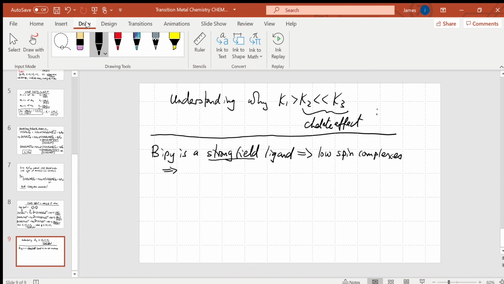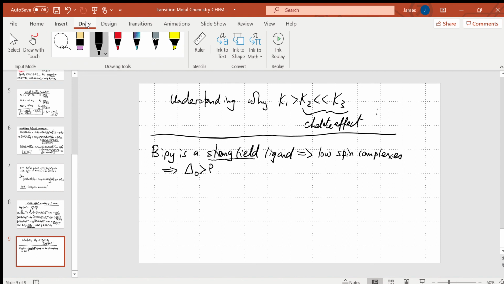It also implies that delta O is greater than the pairing energy. So remember we looked at the difference between weak field and strong field ligands and pairing energies and whatnot a few slides ago.